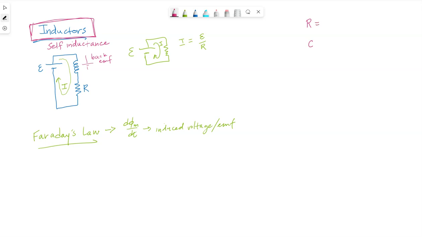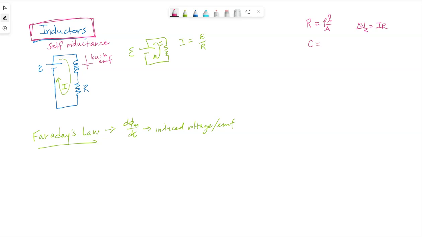So just as a reminder, a resistor, the resistance itself was determined by the resistivity of the material, how long the resistor was, the cross-sectional area of the resistor. A resistor had a potential difference across it if it had current flowing through it.